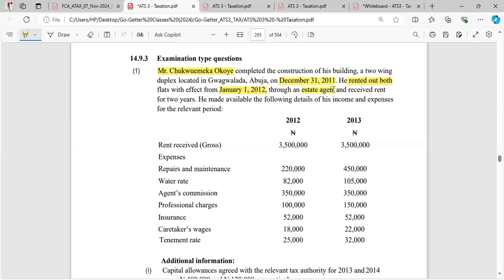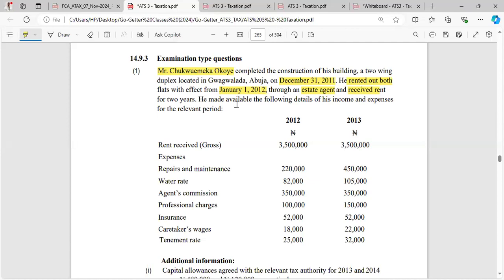So it means you have to pay for this agent fee or so and receive rent for 2 years. So he told them, please collect 2 years rent. Now, as he's collecting 2 years rent, he's not going to see the 2 years rent as income in 1 year. He's going to spread them out for how many years? For 2 years. We said if it is for 5 years, it's going to be spread for 5 years. If it is for more than 5 years, it's going to be spread for 5 years.